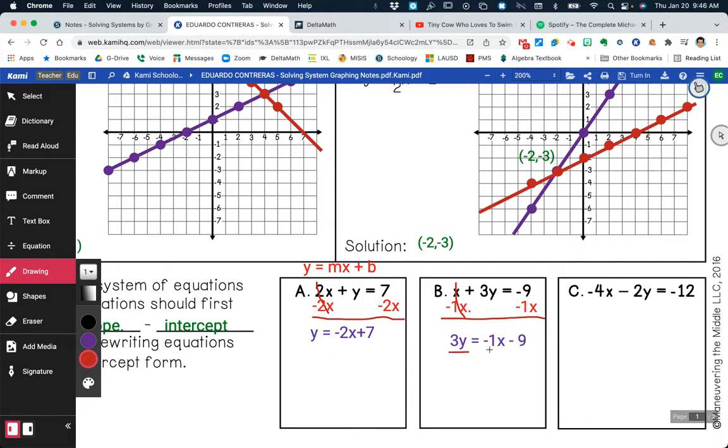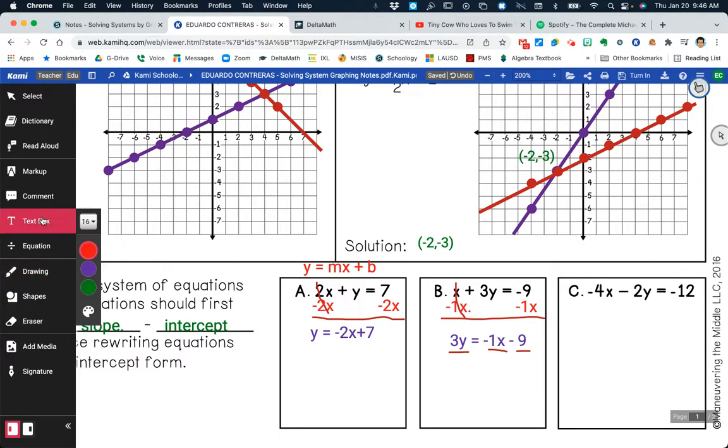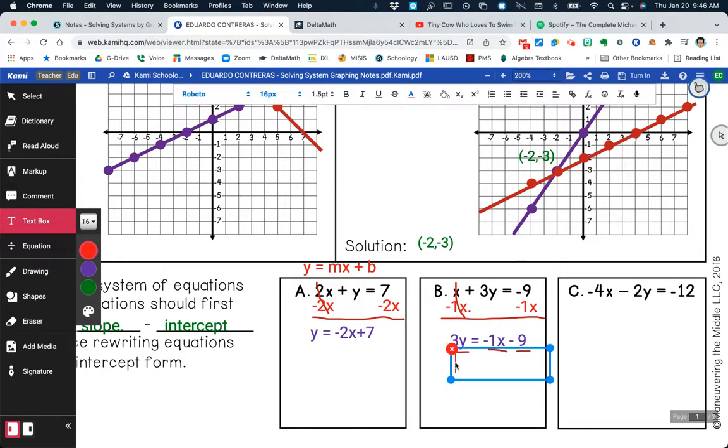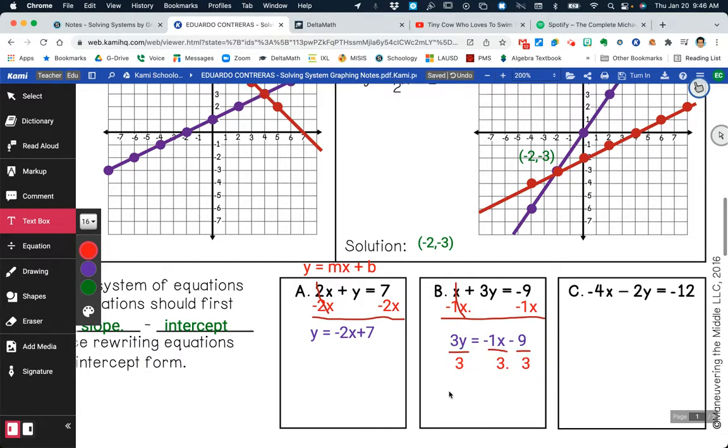Underneath every term, put in a fraction bar, because we're going to divide everything by 3. So underneath here, we're going to put a 3, and then scoot over another 3, and then another 3. We're going to divide by 3, and then we should get our final answer.